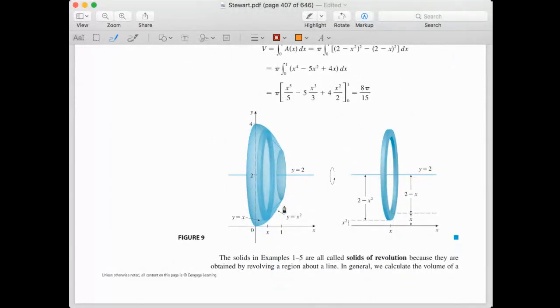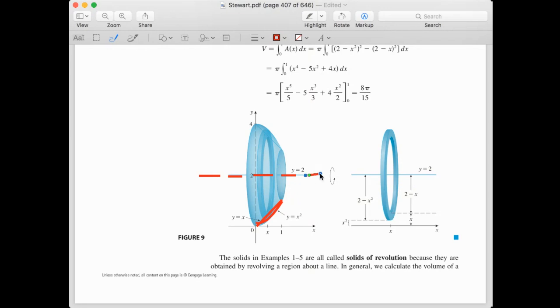We have this piece of region here. Now we want to rotate this piece over y equals 2. This is the line y equals 2, a line of symmetry.